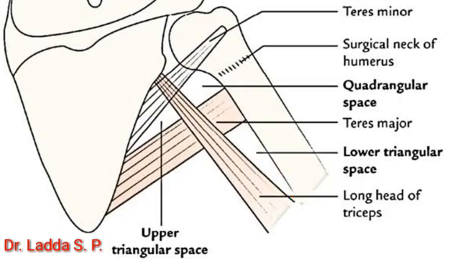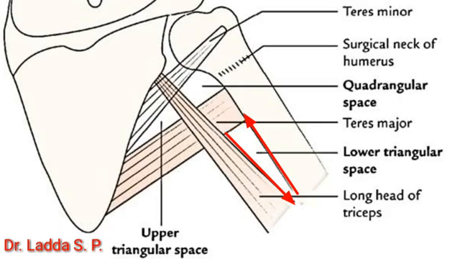Due to its specific shape, the upper triangular space has superior, lateral and inferior borders, whereas the lower triangular space has superior, medial and lateral borders.